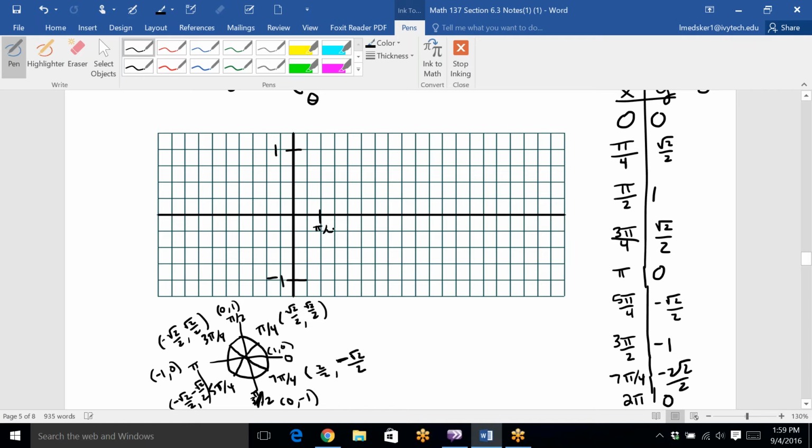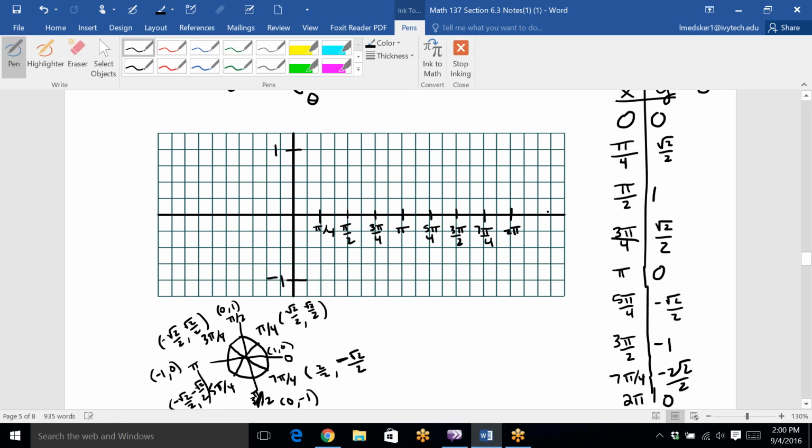This would be pi over 4, this would be pi over 2, 3 pi over 4, pi, 5 pi over 4, 3 pi over 2, 7 pi over 4, and 2 pi.